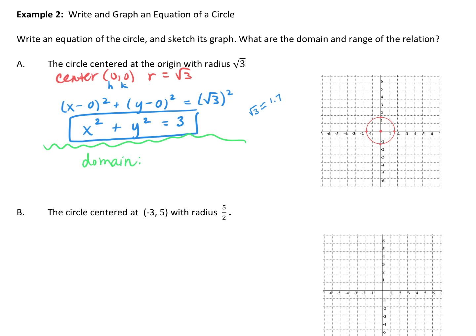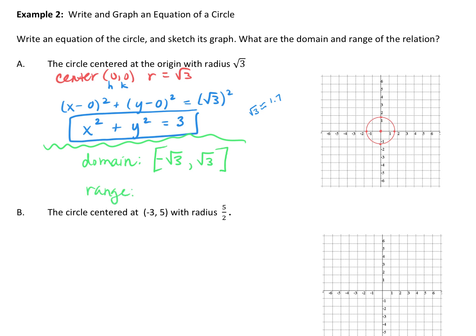To the left, the furthest we get is negative 1.7, but remember that was an estimated value of the square root of 3. So it's negative square root of 3. That's the smallest x value all the way to the left. And it goes all the way over to the right to positive square root of 3. So our domain interval is negative root 3 to positive root 3. And those are part of the domain, so we include them with brackets.